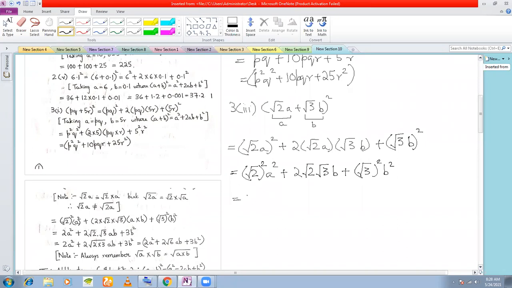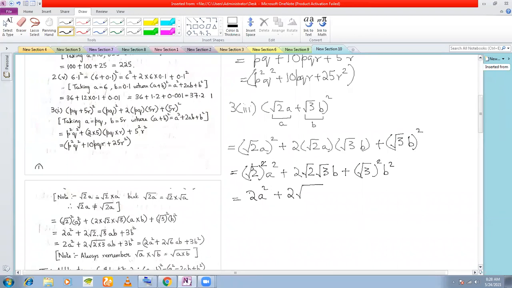Now root 2 square is, when you square a number which is itself a square root, the square root and the 2 will cancel each other to simply give you a 2. So 2a square plus twice square root.